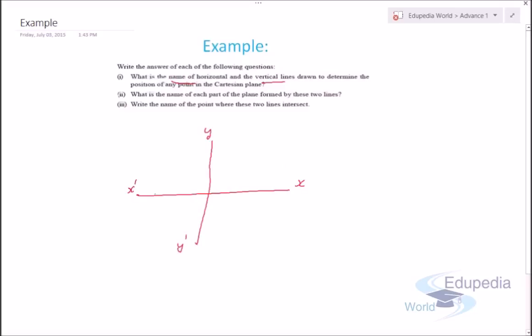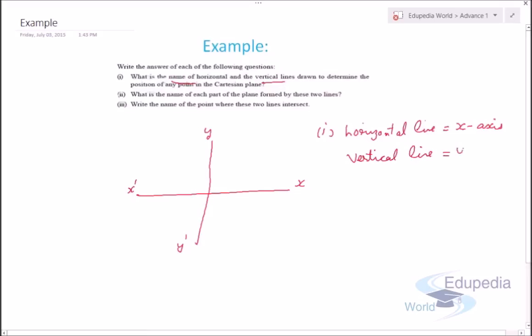So we have to tell what these lines are known as. The horizontal line is known as the x-axis and the vertical line is known as the y-axis.